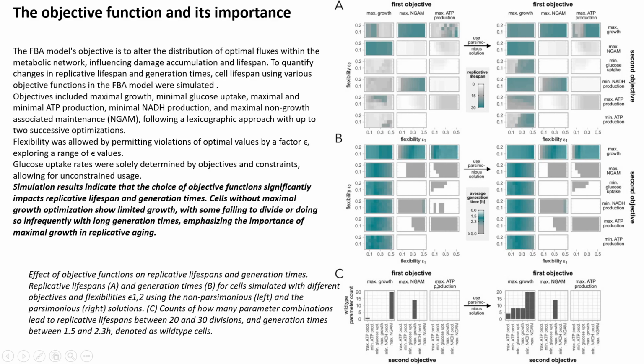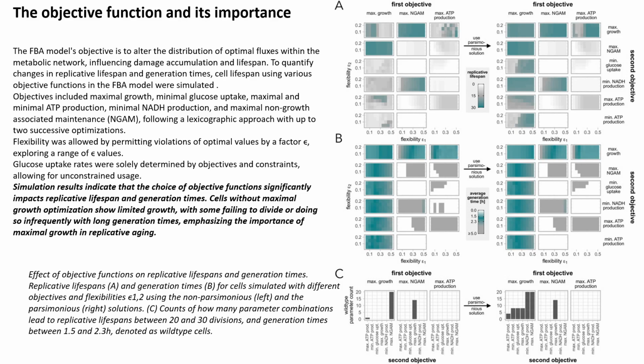Here you can see maximum growth is being shown using parsimonious solutions. The objective function of maximum growth is showing the best parameter counts. These are wild type parameter counts, number of parameters here. So maximum growth is showing the most number of parameters here.